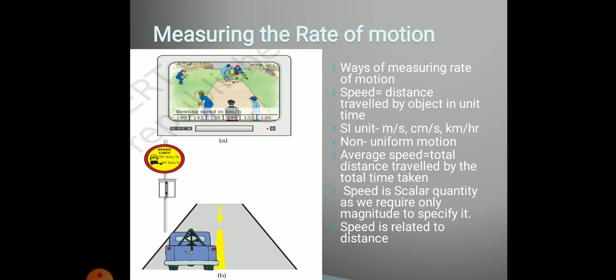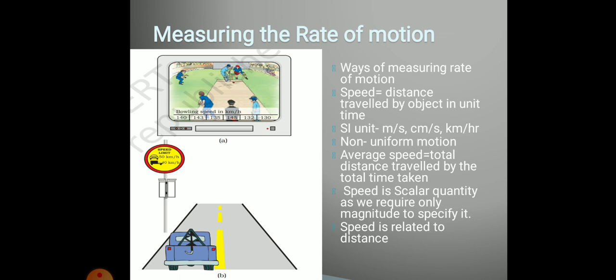Now, to specify the speed of an object, we only require magnitude, hence speed is a scalar quantity. Now, the speed of an object need not be constant. There are most cases where objects will be in non-uniform motion.